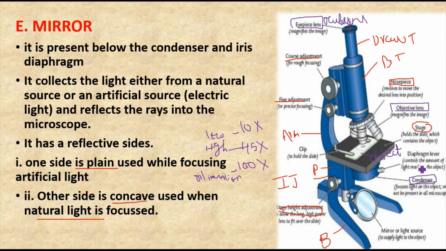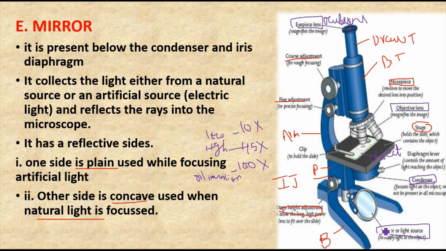Then coming to the iris diaphragm, just below the condenser, we have an iris diaphragm which is adjusted such that the quantity of the light is decided by this iris diaphragm. And finally we have the mirror, which is going to act as a light source for the illumination of the whole microscope.